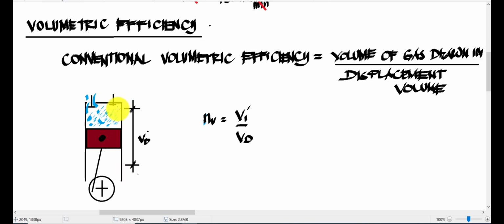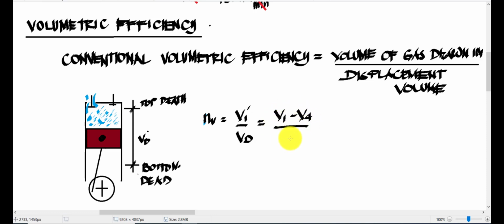Starting from here, the top dead center, and we have here the bottom dead center. We can rewrite the equation: that will be V1 minus V4 divided by the volume displaced.